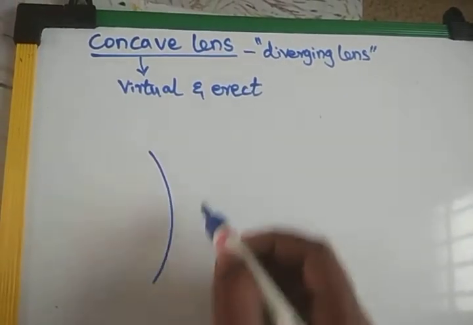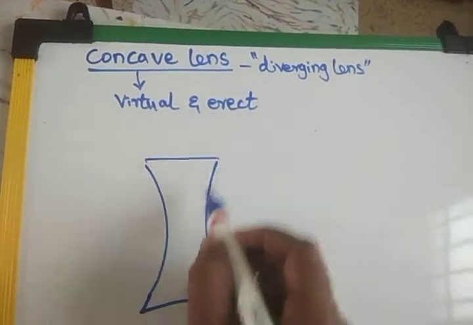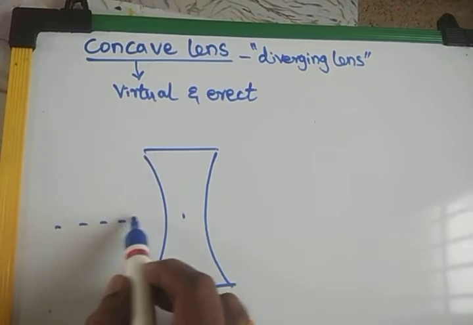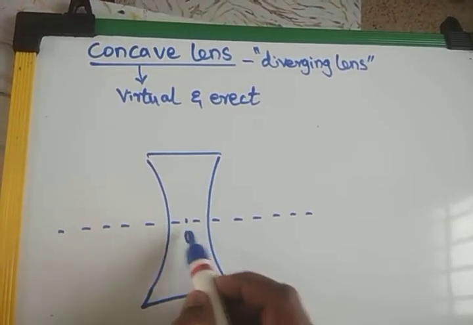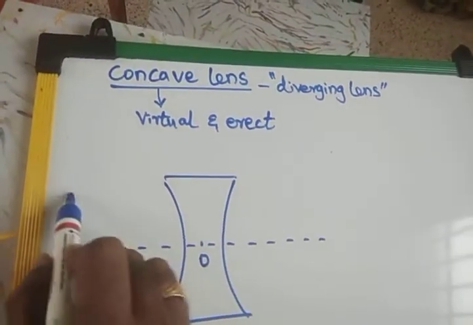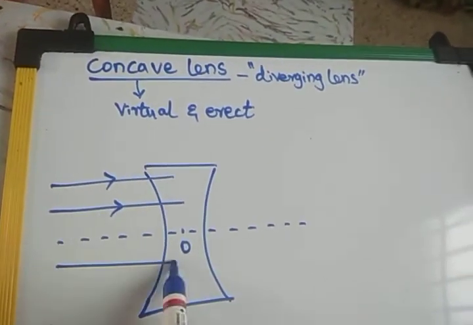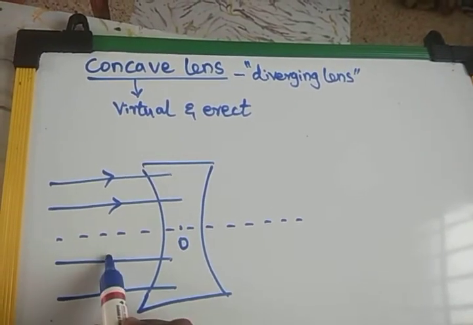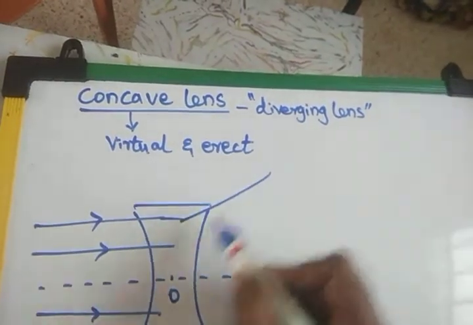I will draw the concave lens. What will happen when a parallel beam of light falls on the concave lens? This is the optic center, and this is the principal axis. When a parallel beam of light falls on the concave lens, the lens being a diverging lens, the light rays will be diverged.